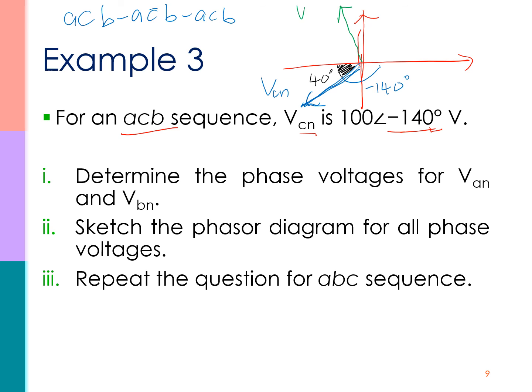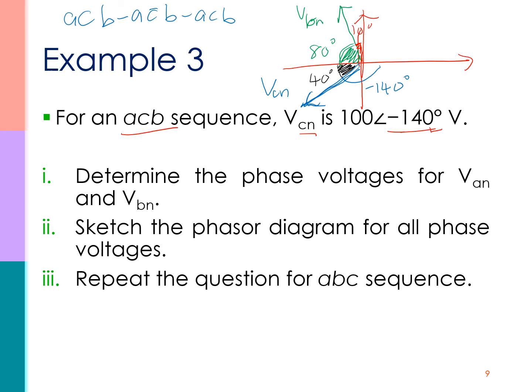Okay, this is VBN. So we know that this value is 80 degree, but we don't know the angle for VBN yet. The balance for this angle in between here is 10 degree.